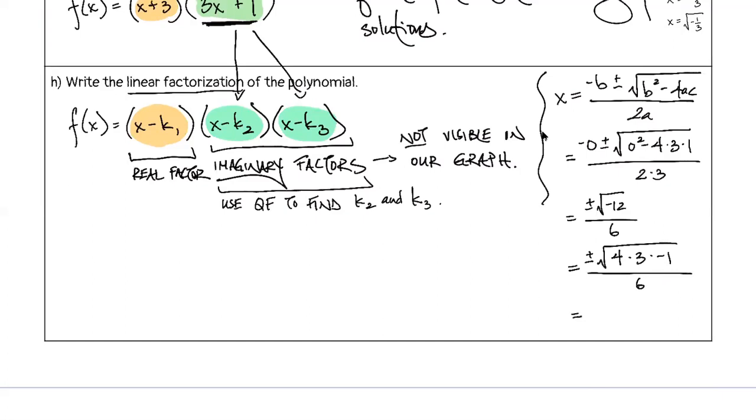Which is nice because then we have 2 root 3. Because the 4 we can take the square root of, the 3 we cannot, so we just leave it inside. And the square root of -1, what does that go to? Yeah, it goes to i. So 2 root 3 i over 6.